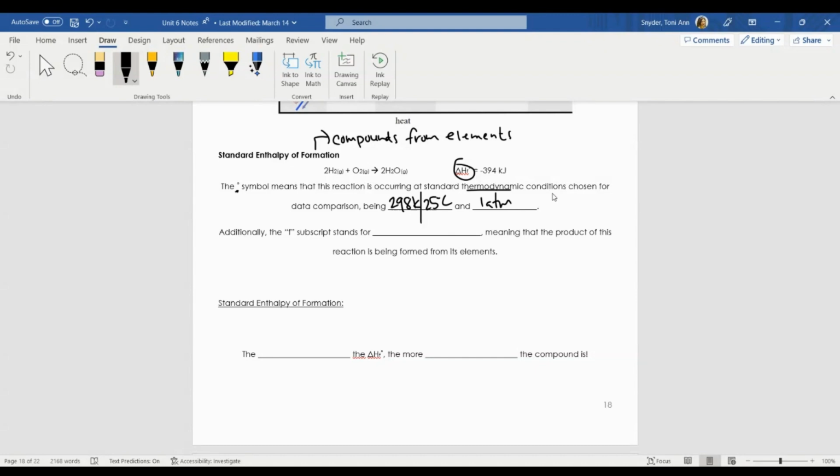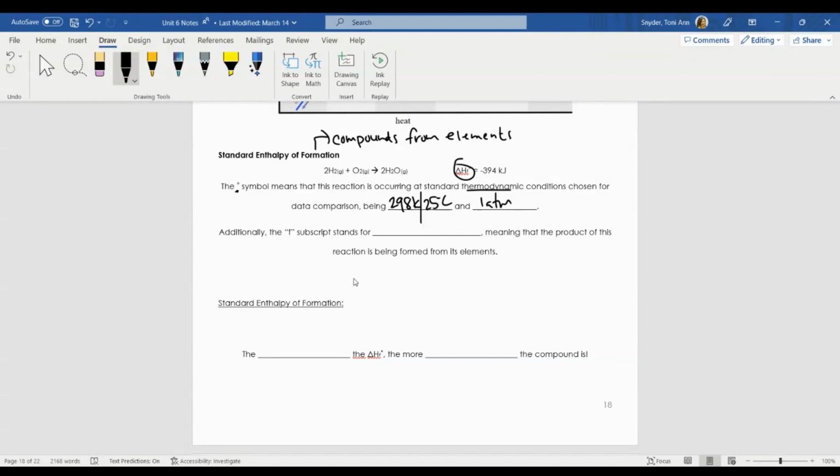So not quite STP. If you think back to gas laws, STP is 1 atmosphere. So the pressure is the same, but the temperature is a little different. Standard temperature for gases is 0 degrees Celsius or 273 Kelvin. For more thermodynamic applications, we use 25 degrees Celsius.